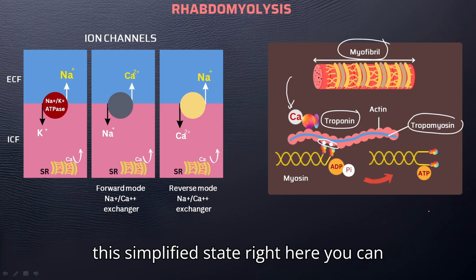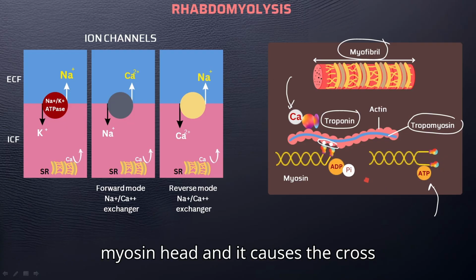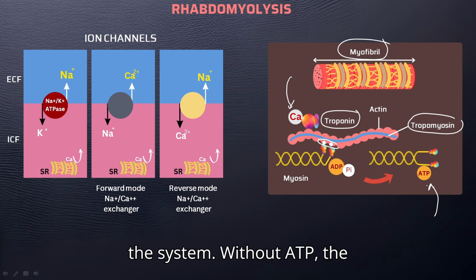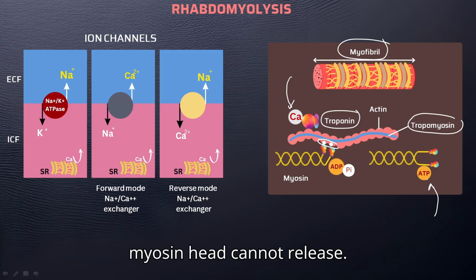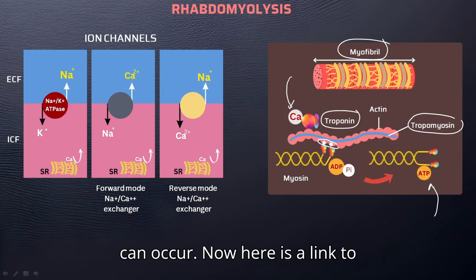Now in this simplified state right here, you can see that ATP binds to the myosin head and it causes the cross bridge to detach, essentially resetting the system. Without ATP, the myosin head cannot release and prolonged contractions or rigidity can occur. Now here's the link to rhabdomyolysis.